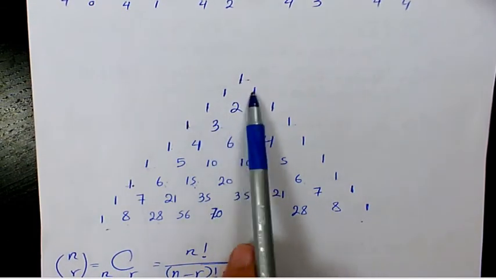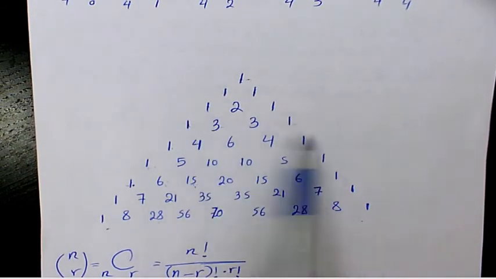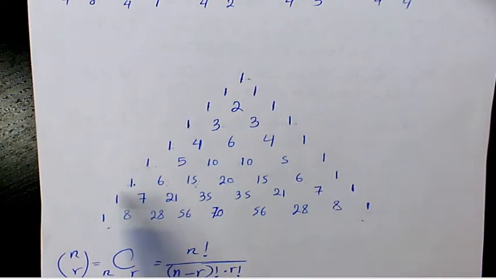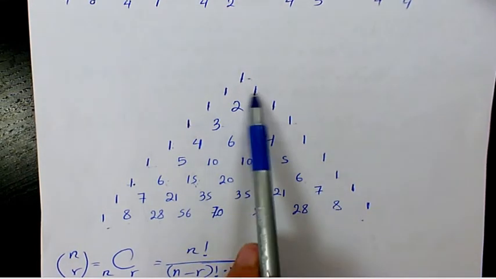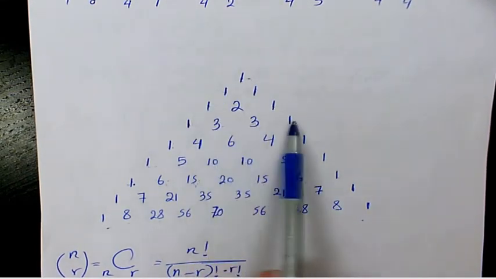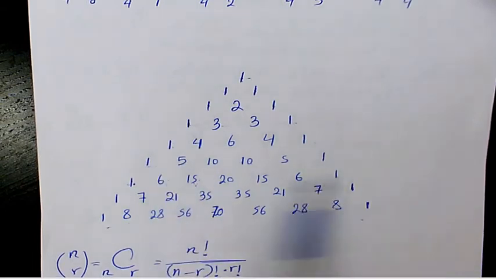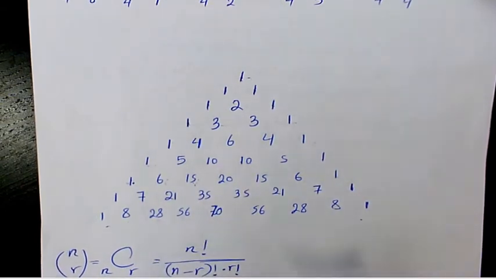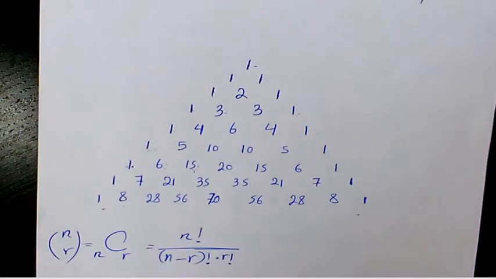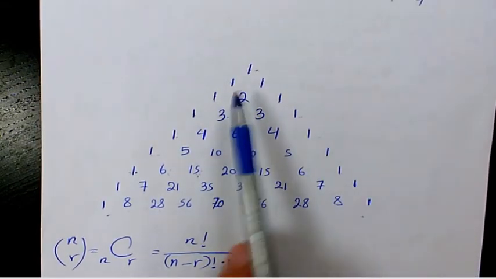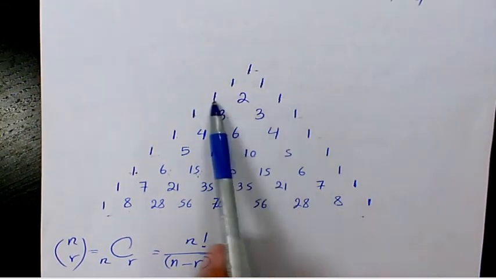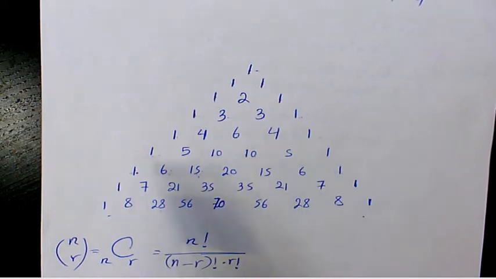As you see here, we have 1 on each side of the different rows. This one is for n is 1, n is 2, 3, 4, 5, 6, 7, 8, and so on. n is the index. As you see here, on the sides it is 1, 1, 1, 1, 1, 1.